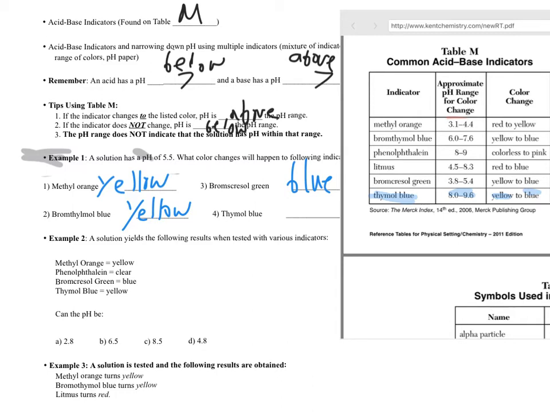It's going to remain yellow. Okay. That's the really quick explanation of how to use Table M here.